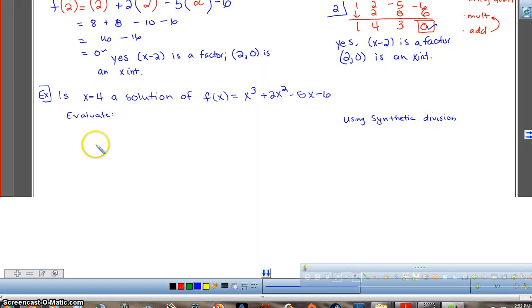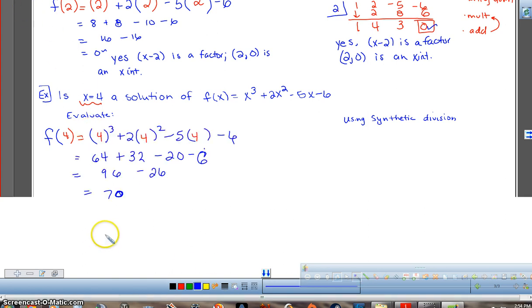We're going to use the same f of x. So now we're testing to see if 4 is a solution. So if we were to use evaluate, I'm going to put a 4 in every place that there was an x. Notice now it tells me what the solution is. So I'm really testing x minus 4 as being a factor. They're almost the same question. So now if I replace all the x's with a 4, I get 70.